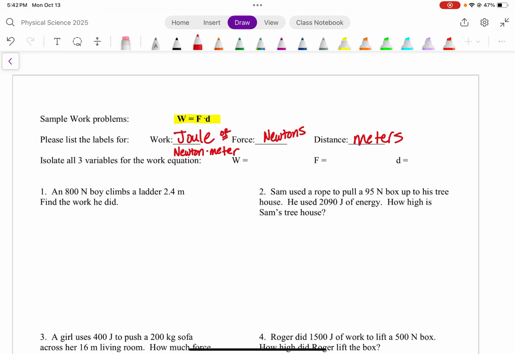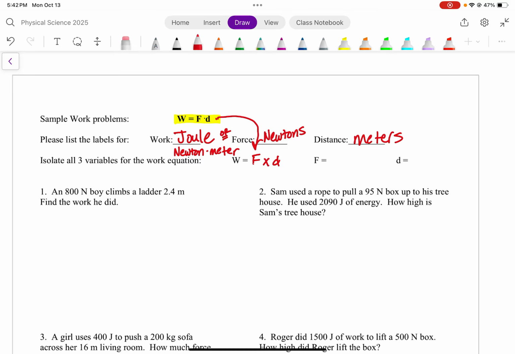And now something you've always just been doing on your own, you're isolating all three variables for the work equation. Isolating means we have to get it by itself. Right here, work is by itself, so work is equal to force times distance.